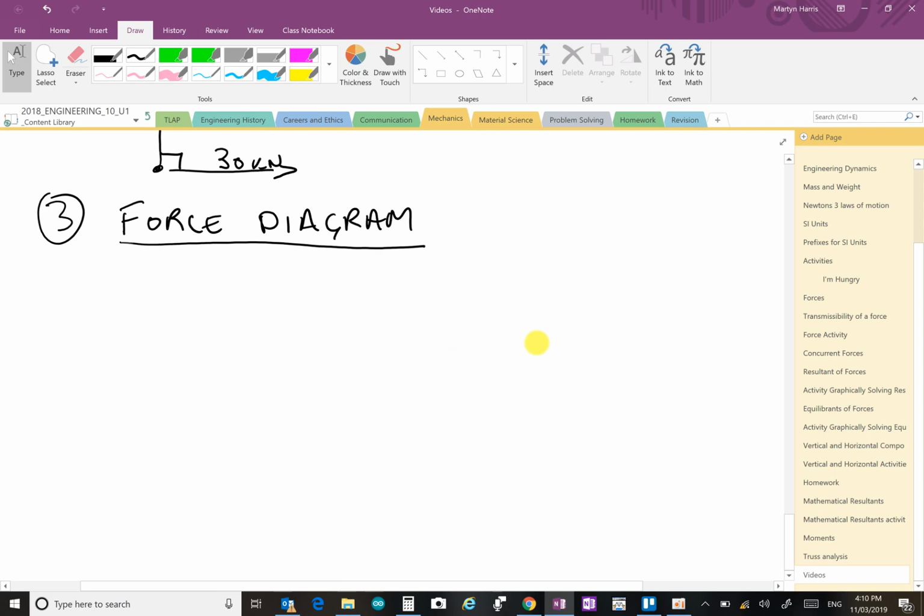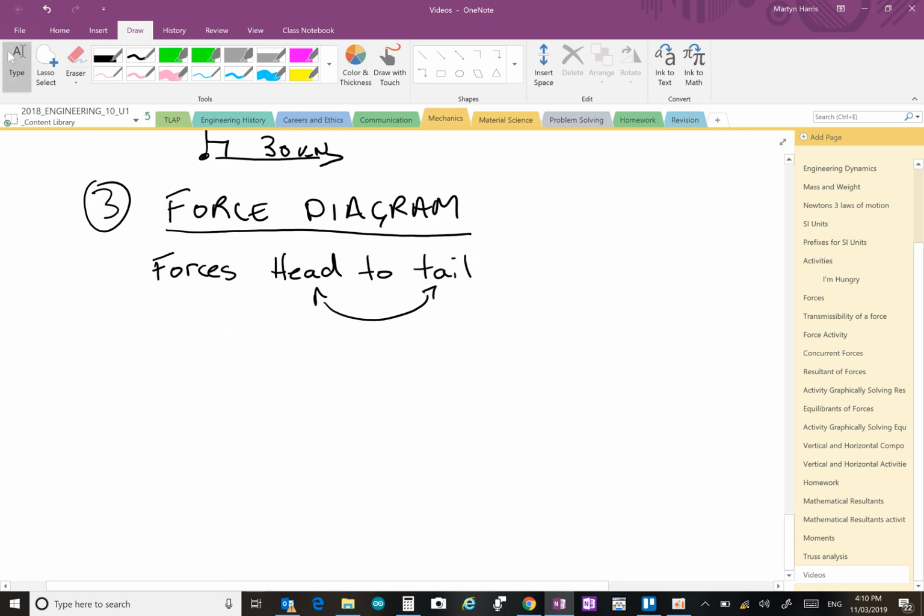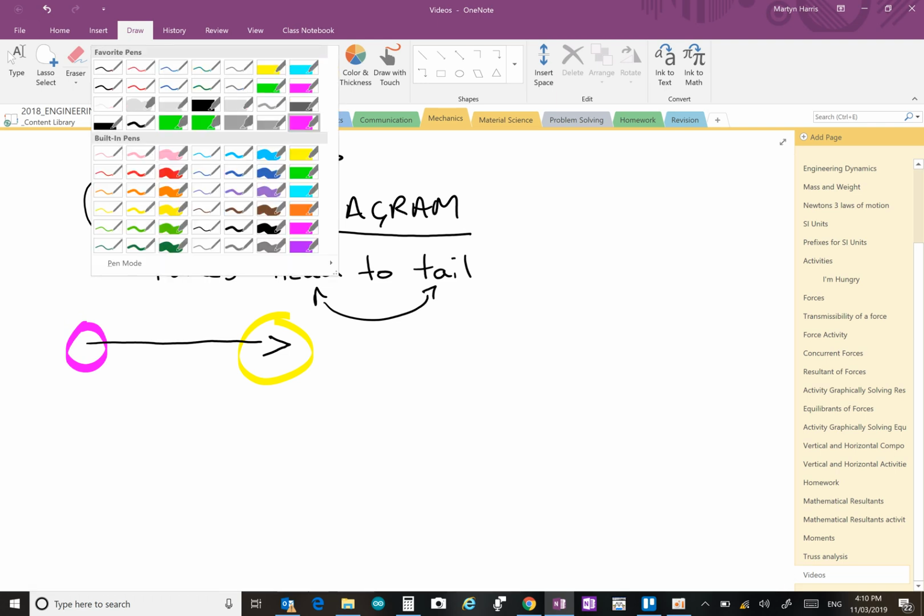Alright, so this is what we have to do. We have to draw in our forces. So I'm going to write this down here. Forces, head to tail, or tail to head, the opposite way around. It doesn't matter. Alright, so what does that mean? Well, okay, with a force like this, we have what we would call the head of the force, and we have what we call the tail of the force. So I might as well just write those in so we understand.